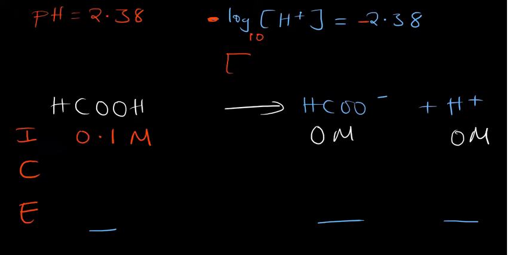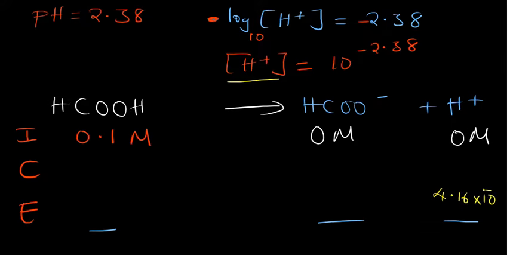So the hydrogen ion concentration becomes 10 to the power negative 2.38. After calculating that, the hydrogen ion concentration at equilibrium is 4.16 times 10 to the power negative 3.